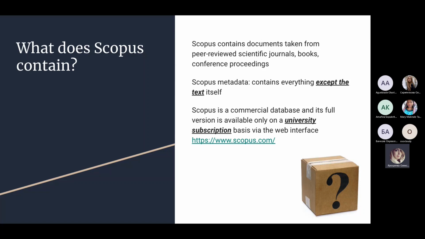How do documents get uploaded into Scopus? Well, you have to be published with a journal that is indexed in Scopus. Journal can apply for indexing in Scopus, but this is the work that the journal editorial board needs to do.